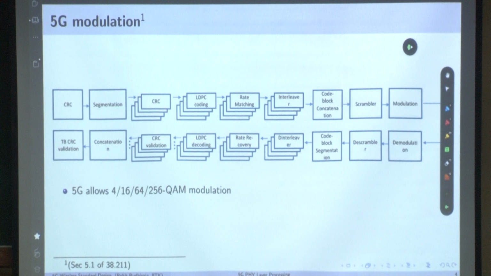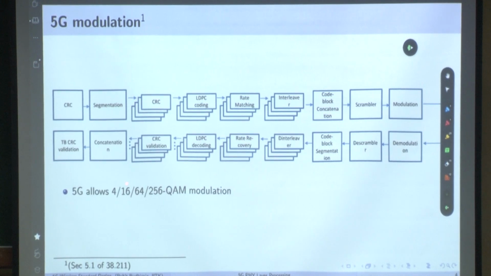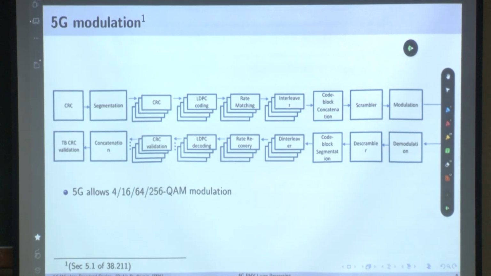Let's see this modulation block first, formally being introduced for the first time. This is from this section of the standard; go back and check how modulation is actually specified. It starts from 4 QAM and goes to 256 QAM. This is only for PDSCH, which is the data channel.